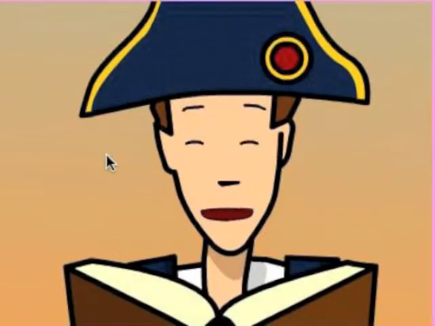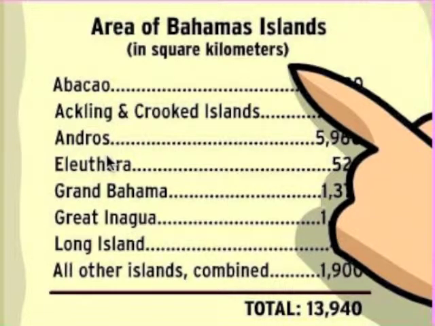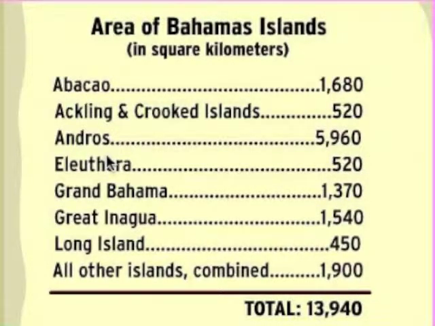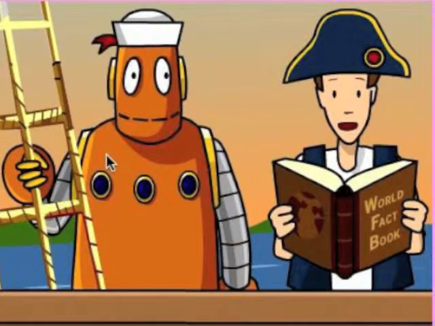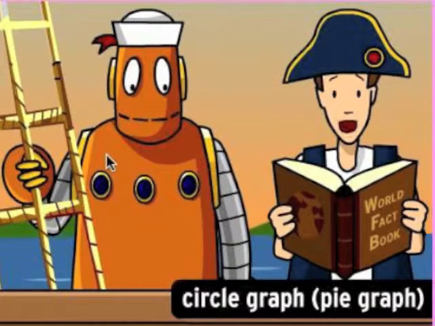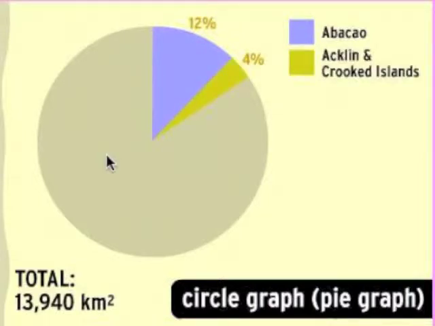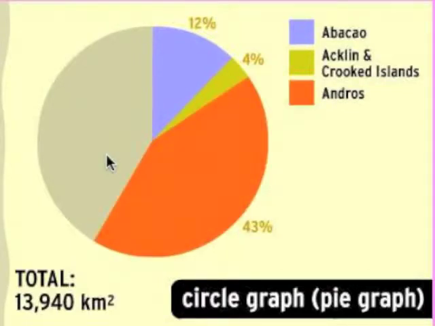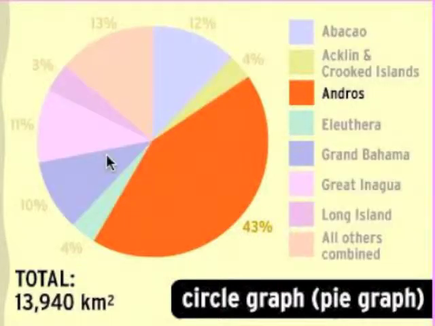Well, let's go back to my fact book. I have a listing here of the biggest islands of the Bahamas, sorted by area. I think we should use another graph to help us see it more clearly. Since we're graphing pieces of a whole, let's use a circle graph, or pie graph. Right, the island of Abacao has 1,680 square kilometers. Acklands and the Crooked Islands have 520 square kilometers. Andros has 5,960, and so on. Andros Island has the largest slice, so I guess it's the island with the largest area.